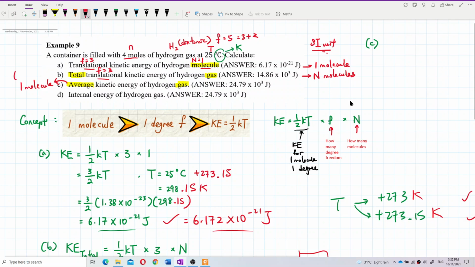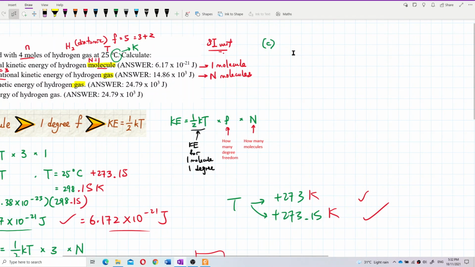This is what it means. Even though he has the word gas, it doesn't mean the total molecules, it doesn't mean all the molecules. The word average means as average, each molecule in the gas.